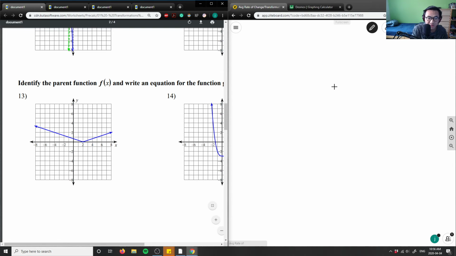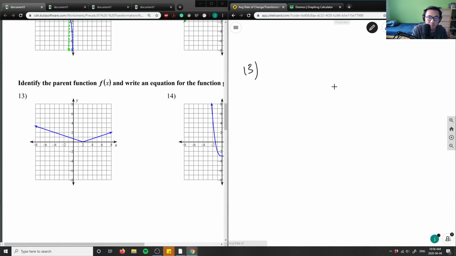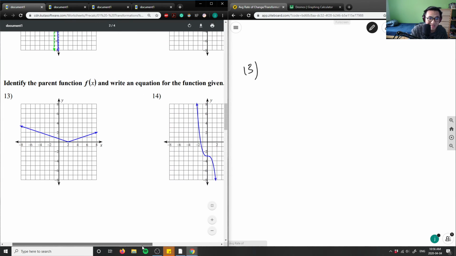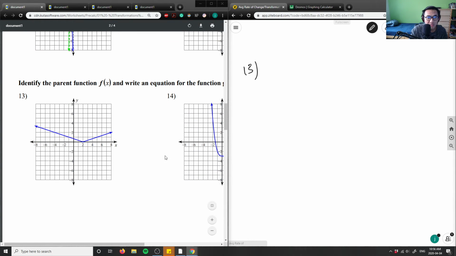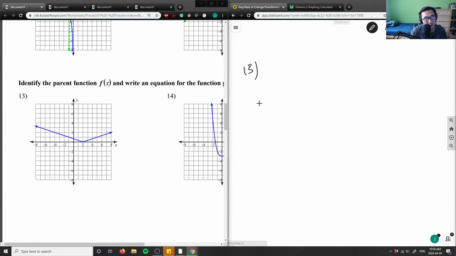But this here says identify the parent function of f of x by the equation, for the function given. Okay, so let's see here. I have this 13 here. If it's going this way and this way, it awfully looks like an absolute value function, right? So absolute value function.